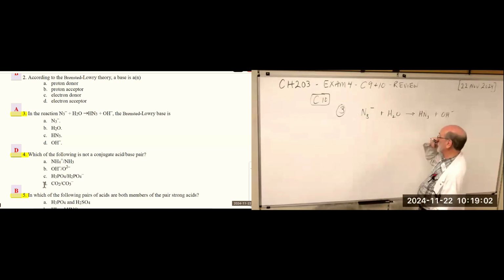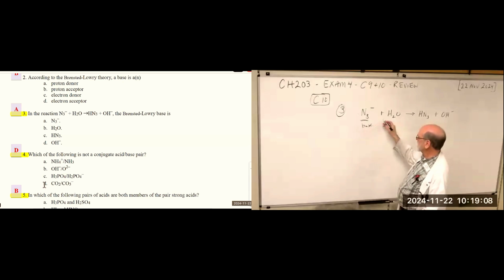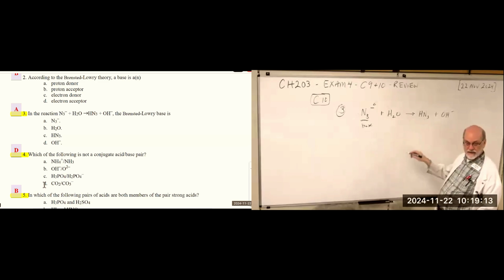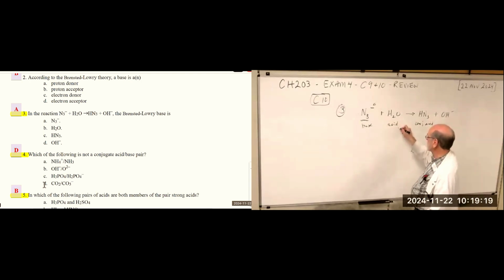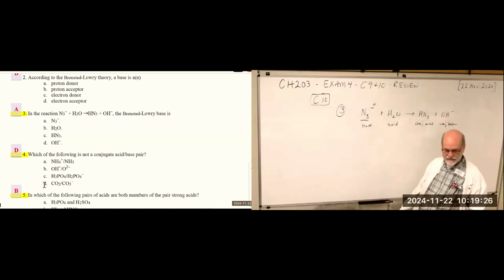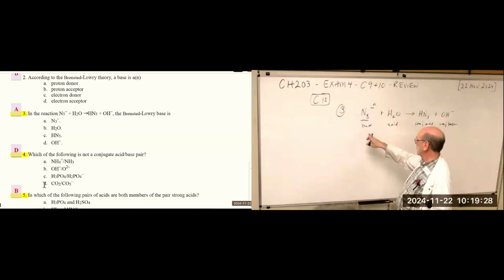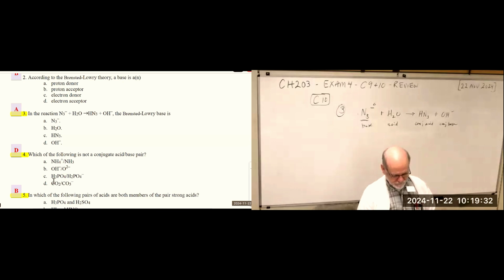So which one accepts the proton? It accepts a proton from here to make that. So this is the conjugate acid. Water serves as an acid and makes a conjugate base. Okay, so the answer is N3 minus, A.